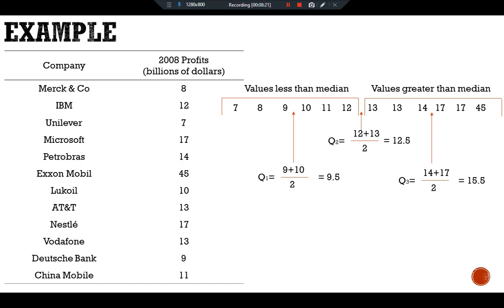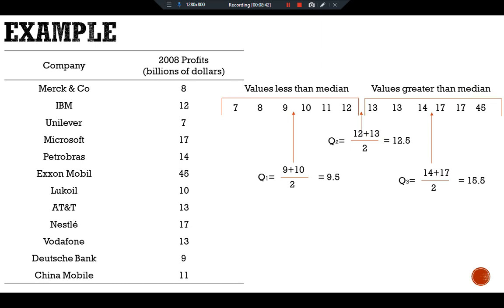Similarly, if we state that the median is 12.5, we can say that half of the firms have less than $12.5 billion profit, and half of the firms have profit higher than $12.5 billion.